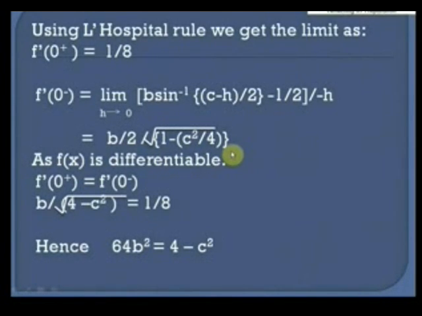Now f(x) is differentiable at the point x = 0, so the left hand derivative should be equal to the right hand derivative. Therefore b/√(4 - c²) is equal to 1/8. We square both sides and get 64b² = 4 - c², and this is the relationship we needed to prove. Thus 64b² = 4 - c², hence proved.